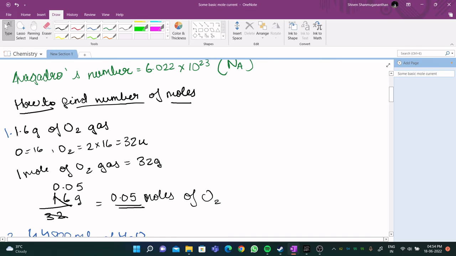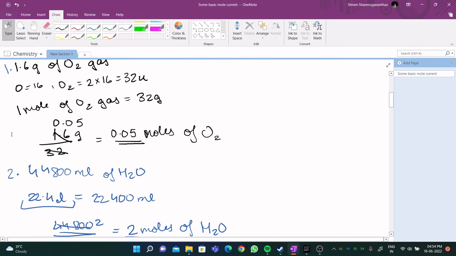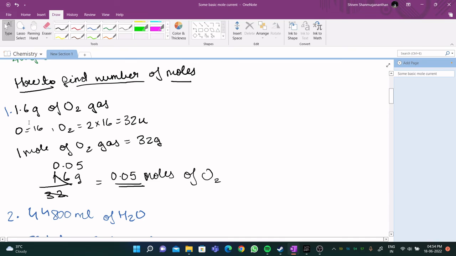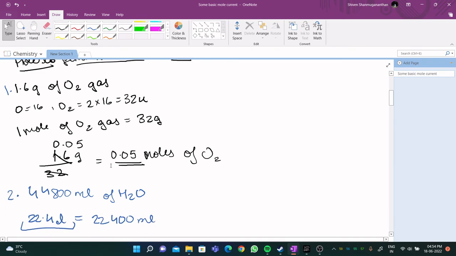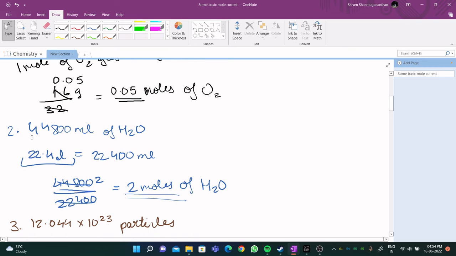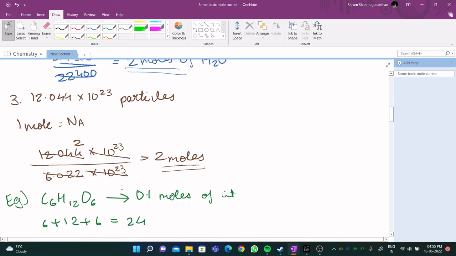Now, how to find the number of moles? If you are given the mass of the sample, you divide that by the molar mass of the compound or molecule. If you are given the volume, the volume of 1 mole of an ideal gas is 22.4 liters, so you divide the volume given by 22.4 and you get the number of moles.